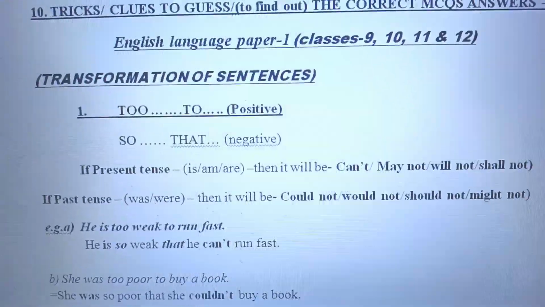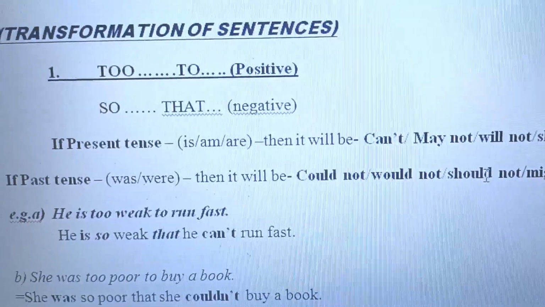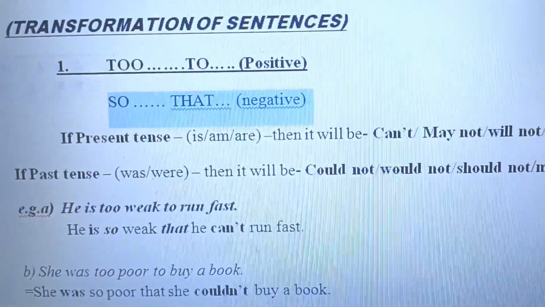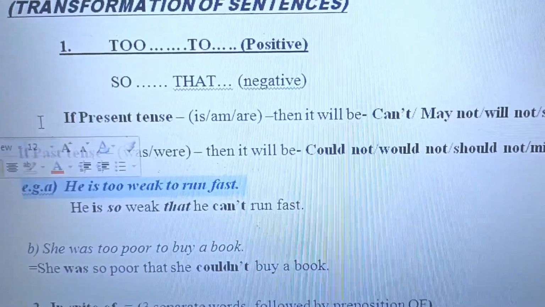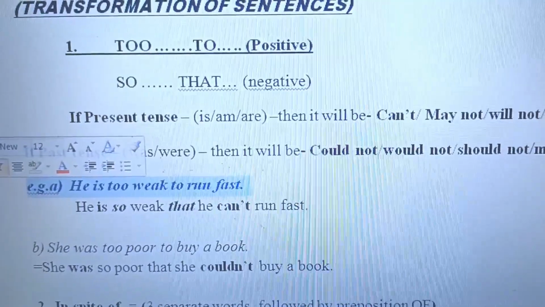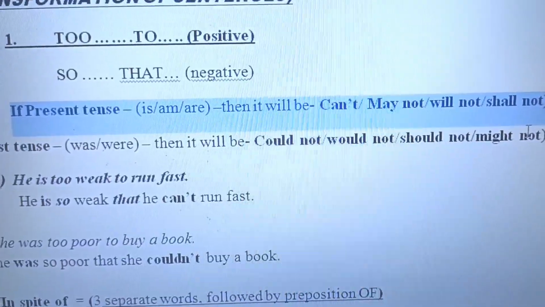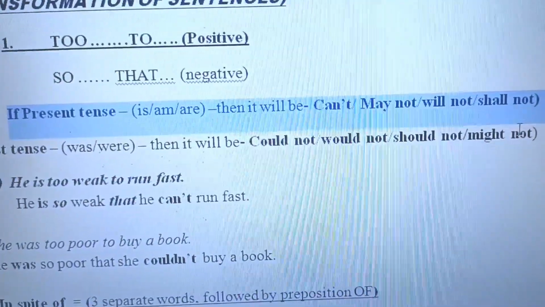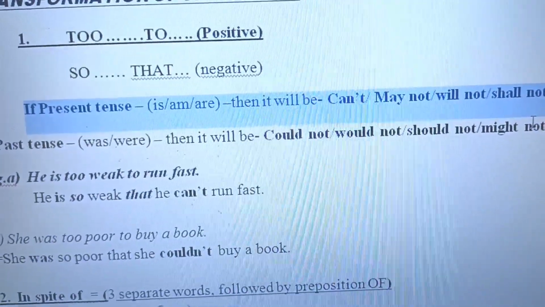So the first one: too is used as positive, whereas so that is used as negative. When helping verb is, are is used, then in the second part we use negative, it will be changed into cannot, may not, will not, shall not, and so on.